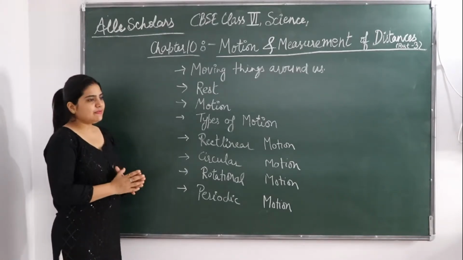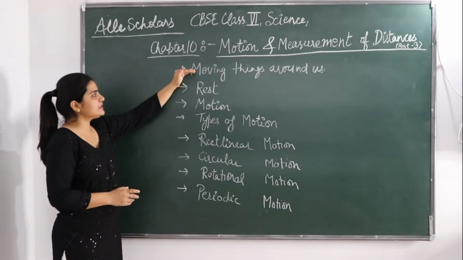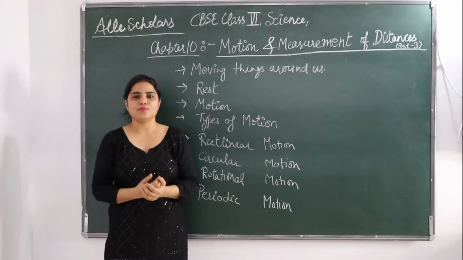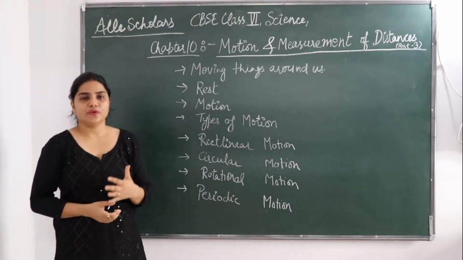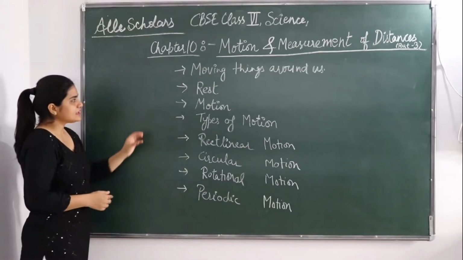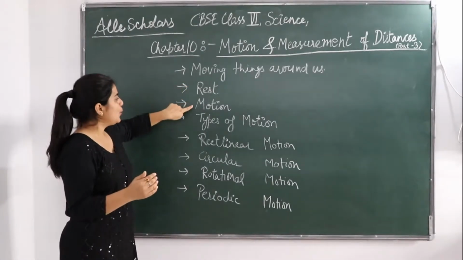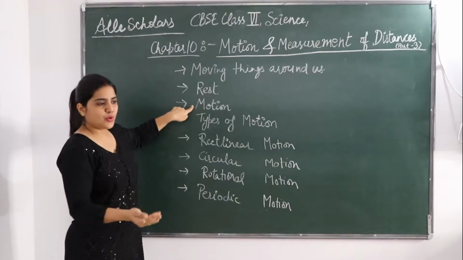Firstly, we will see the things that are moving around us. We will see some of the objects which are moving around us. Then we will discuss when an object is called to be at rest and when it is called to be in motion.